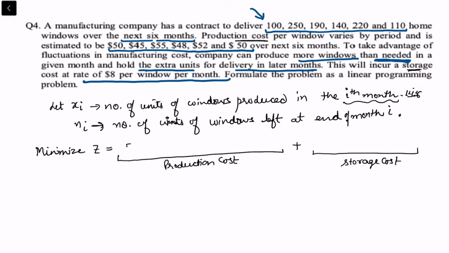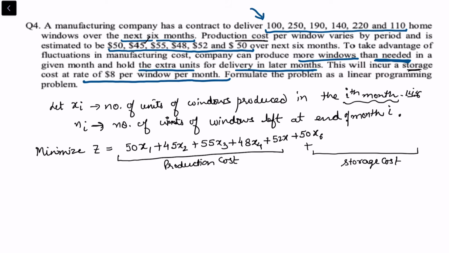So we will simply multiply 50 times x1. This is the per unit window cost, and if x1 is the units of windows produced in the first month, then we are multiplying 50 into x1. Then we take another cost, that is 45 into x2, followed by 55 into x3 plus 48 into x4 and then plus 52 into x5, and I will add one more, that is 50 into x6.